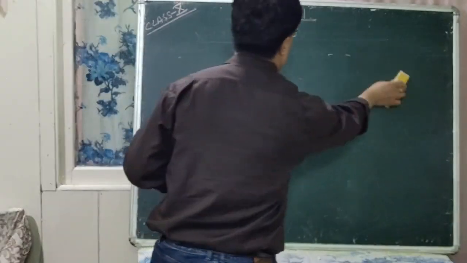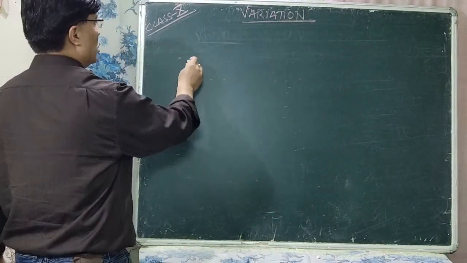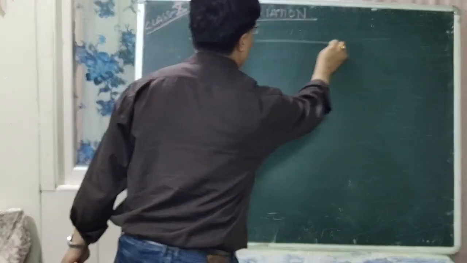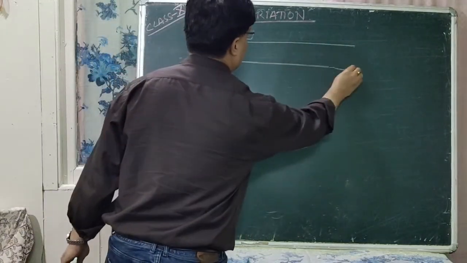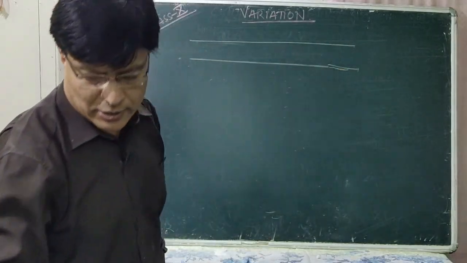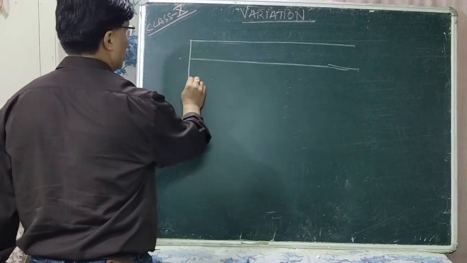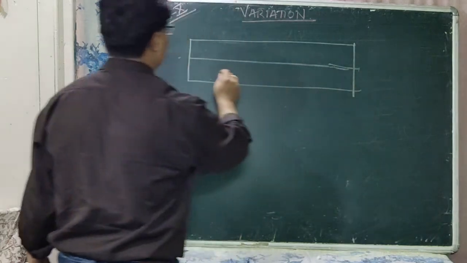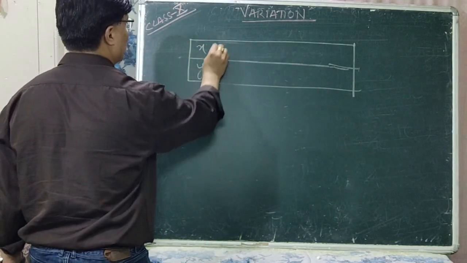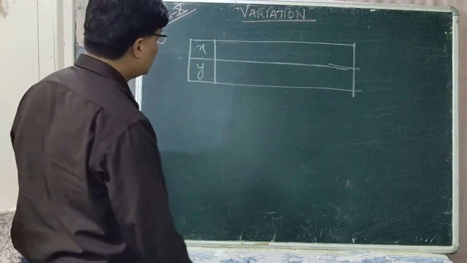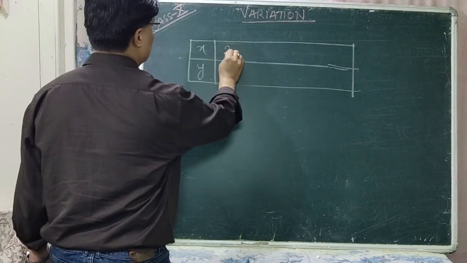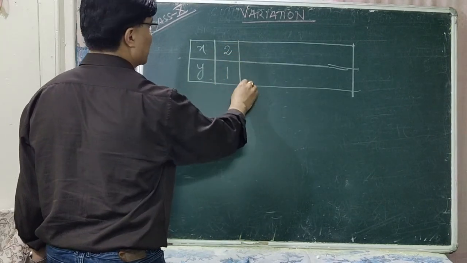Suppose this is a table, right? In this table I am writing the values of x and y, right? Suppose this is 2 and this is 1, right?